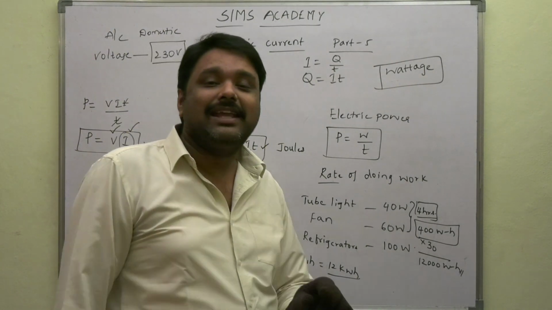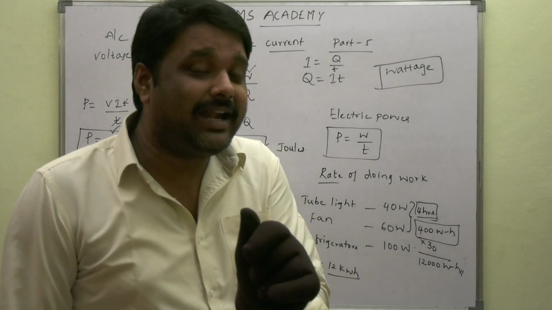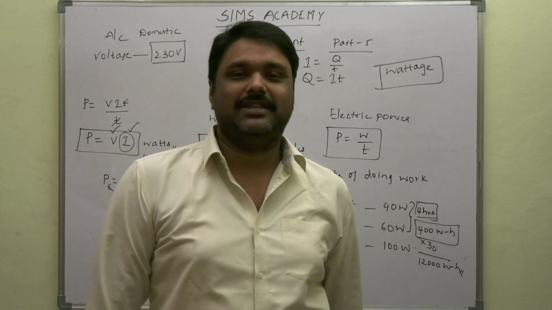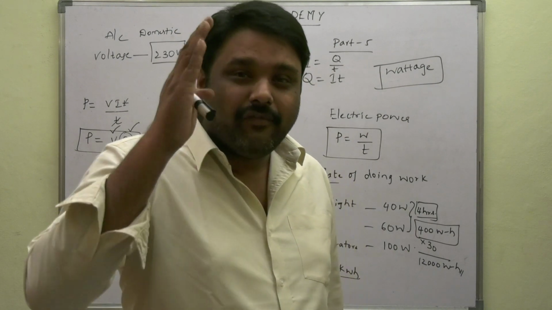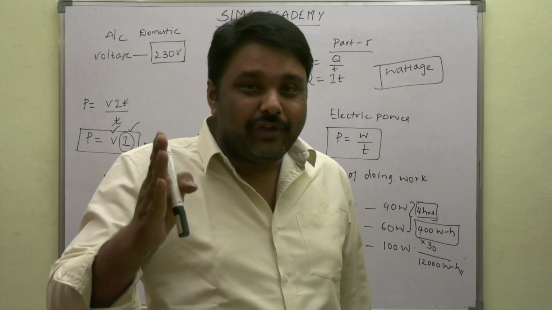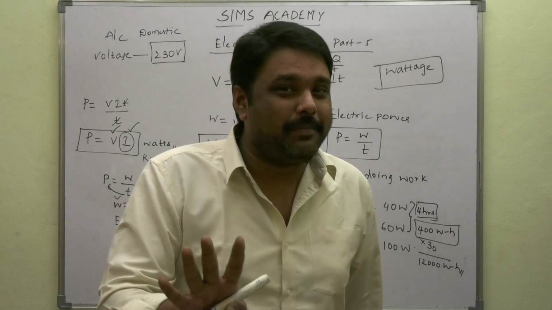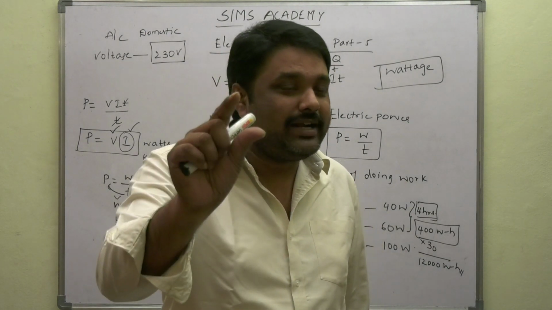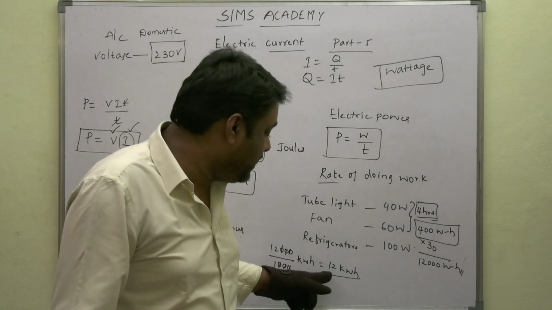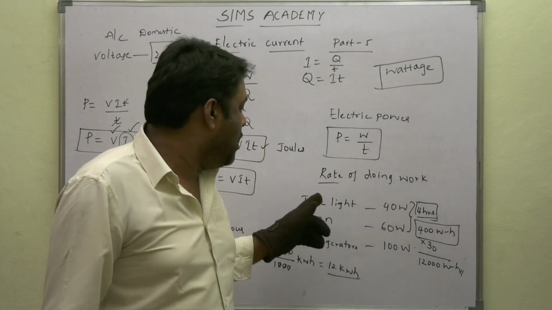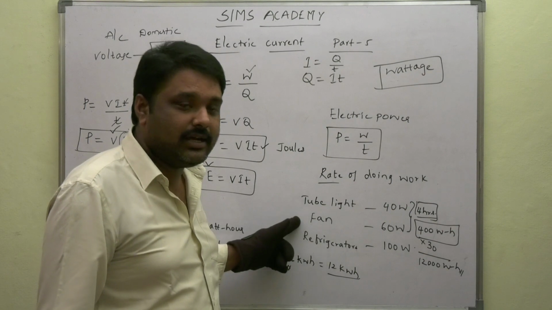What does that kilowatt hour represent? That kilowatt hour represents our units. In our daily life, we say the number of units in our electricity bill. Those units are nothing but these kilowatt hours. How many units are being consumed by both tube light and fan here?